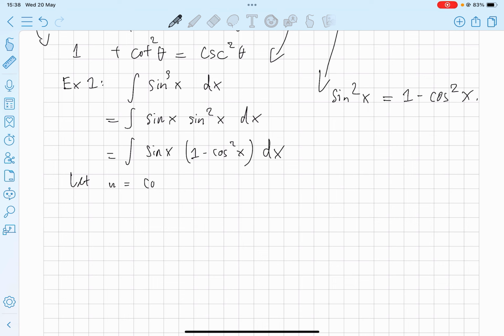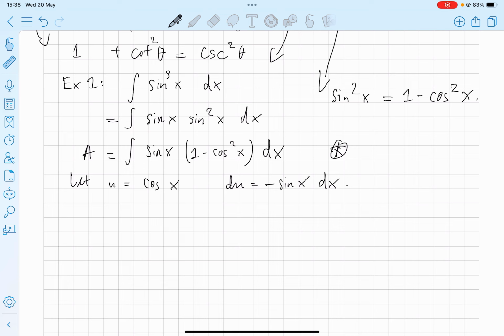So let u equal cosine of x. Then du will equal minus sine of x dx, right? And you go ahead and change this integral to the new integral with respect to u.